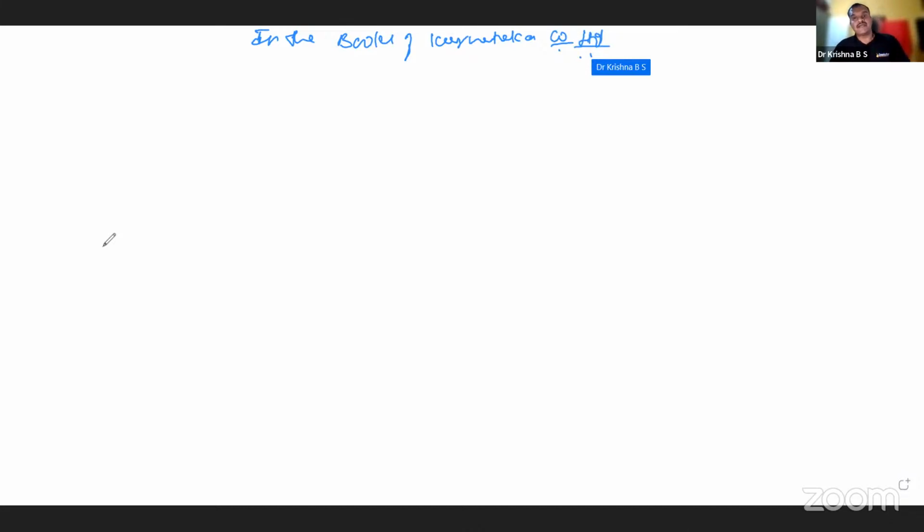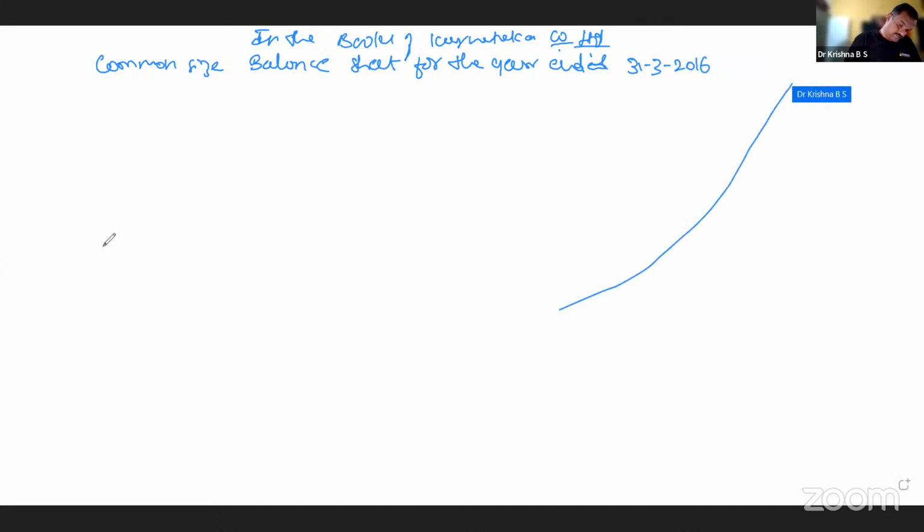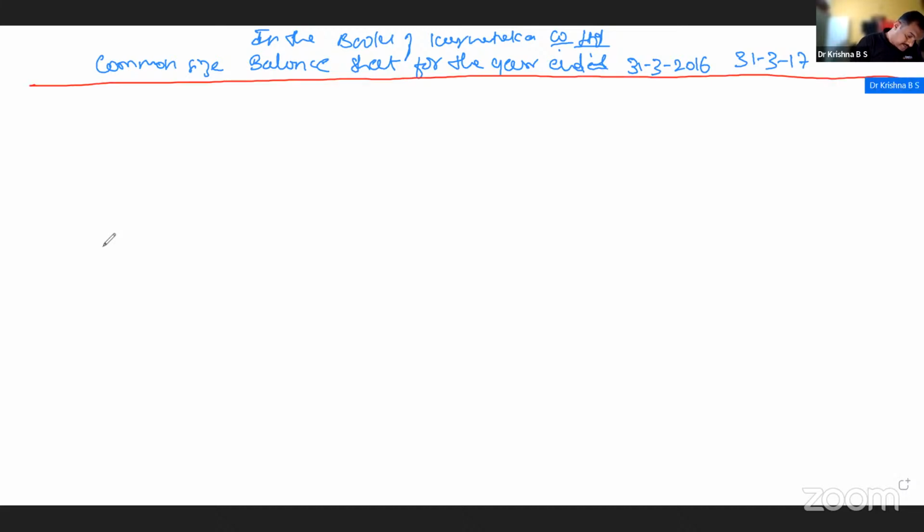Karnataka Company Limited, right? Balance sheet for the year ended 31st/3/2016 and 31st/3/2017, right? So now let me draw the format.